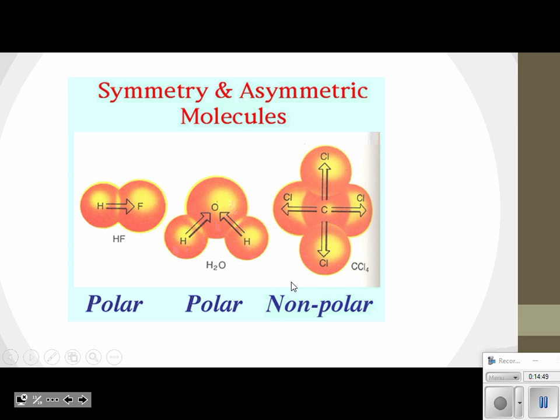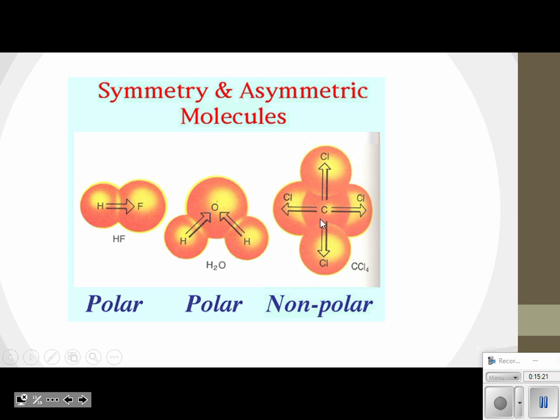Okay, now look at this one. These are all four polar bonds. Okay, chlorine's a 3.16, carbon's a 2.55, I believe. Okay, does that sound right? 2.55? Yep. So we have 4 polar bonds here. But this is a symmetrical molecule.